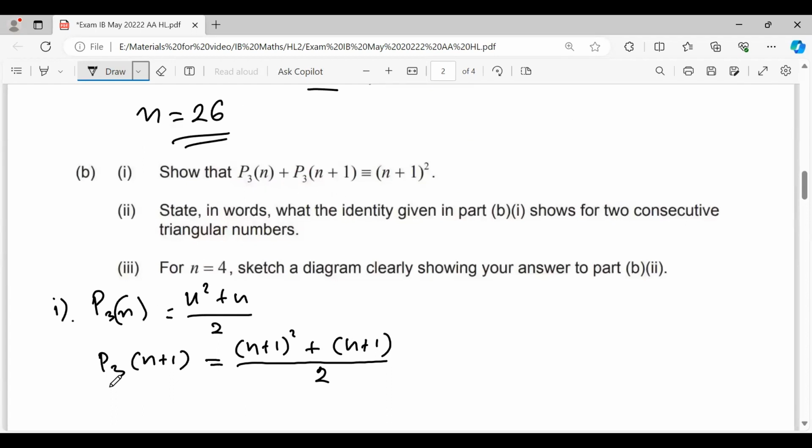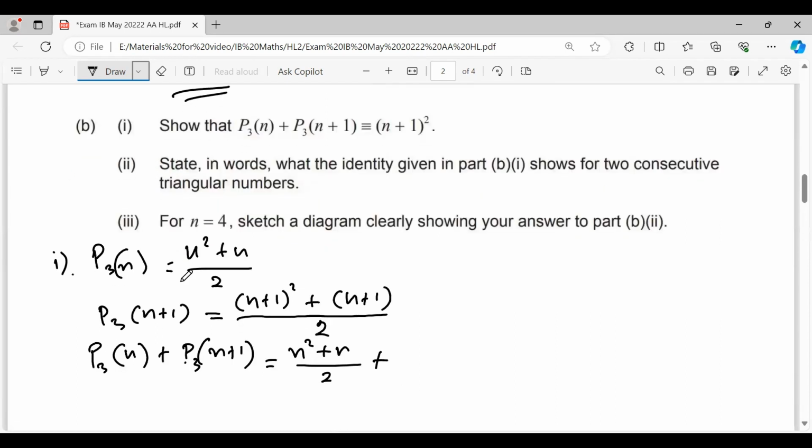So we're going to find the sum of P_3(n) and P_3(n plus 1). It means this fraction plus this term over 2.